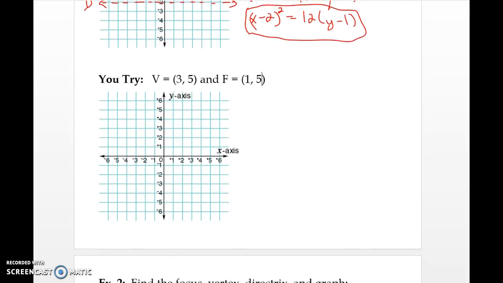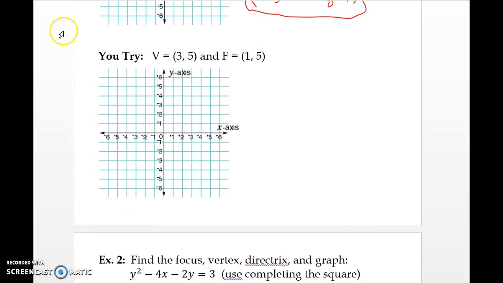So the first thing you want to do is check and see, is it vertical or horizontal? What's changing? And we can see that your x is changing, so this is going to be horizontal. And your vertex is (h, k).